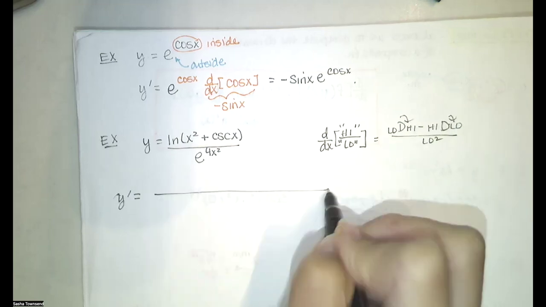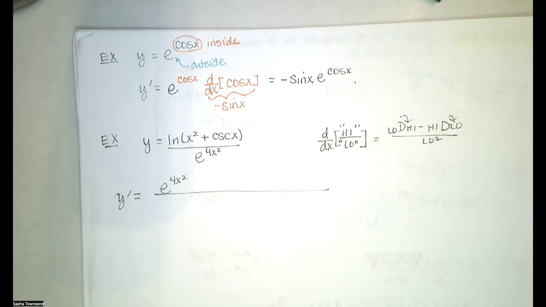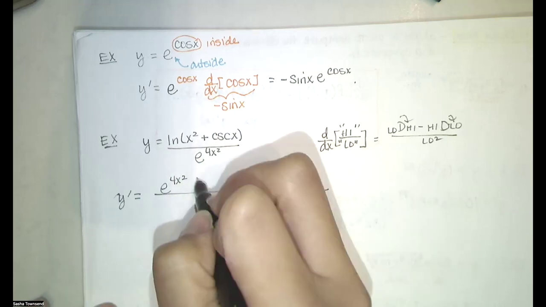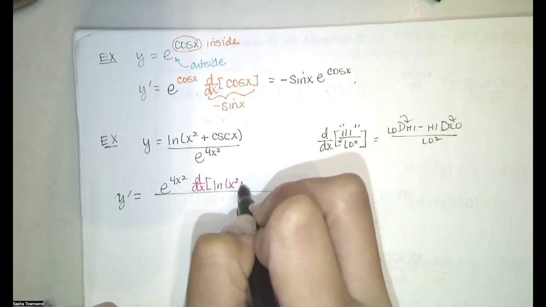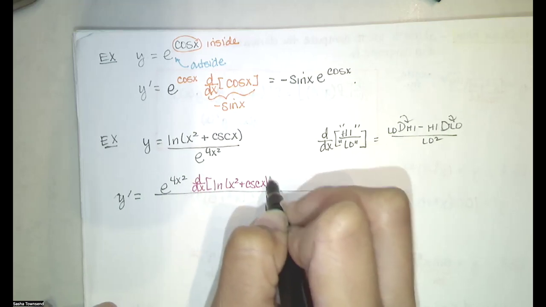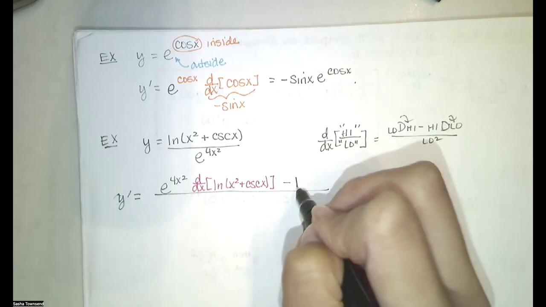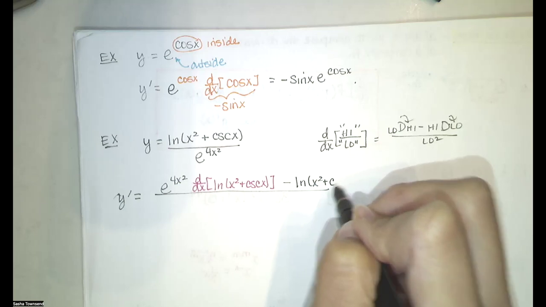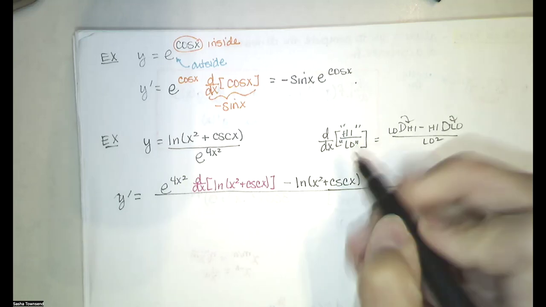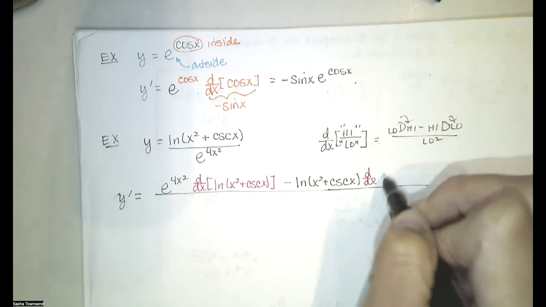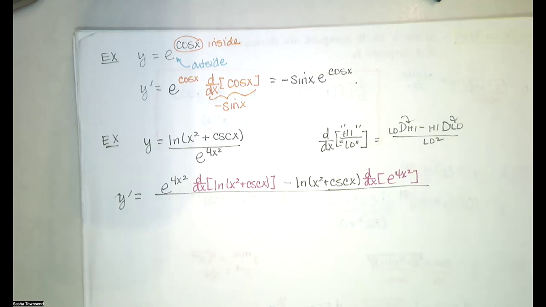So we get the bottom function times the derivative of the top function, that's low d high, minus high d low, all divided by low low.